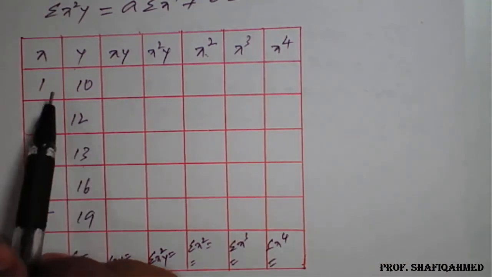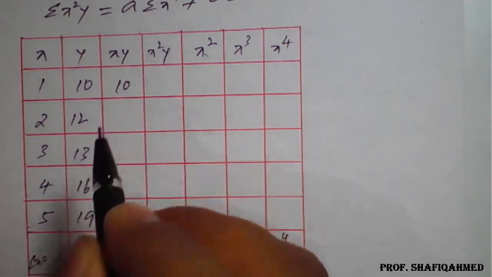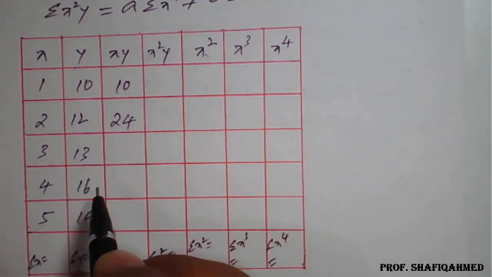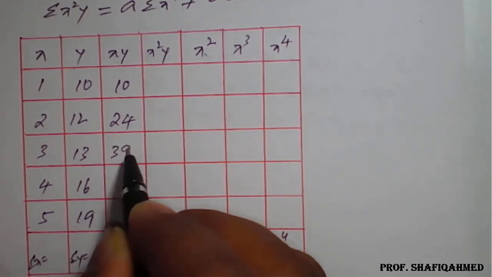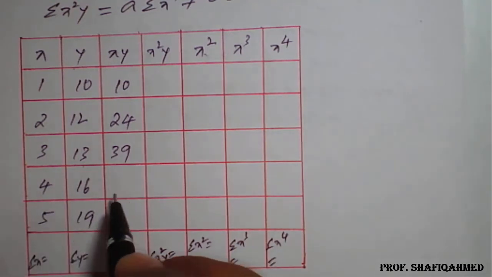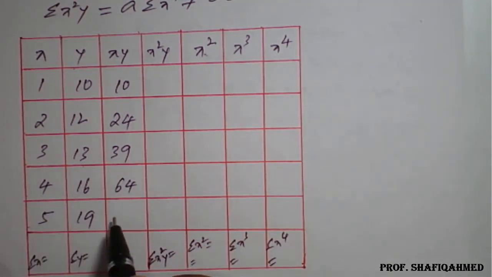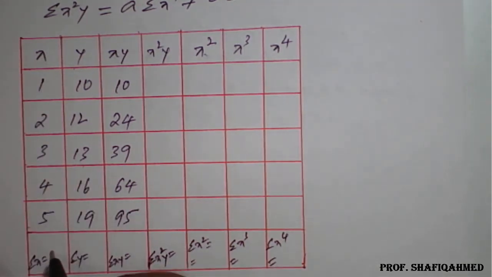So we'll calculate. 1 into 10 is 10, then 2 into 12 is 24, then 3 into 13 is 39, 4 into 16 is 64, then 5 into 19 will be 95. If you add all x, you will get 15.